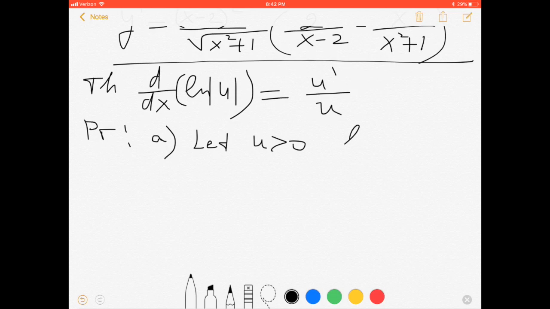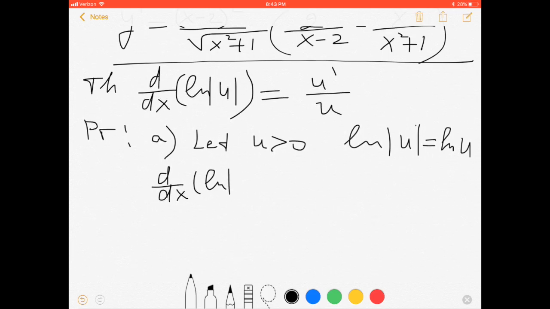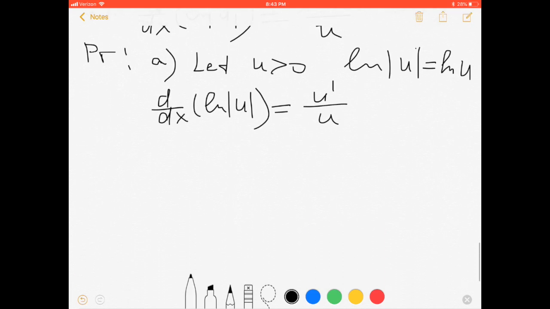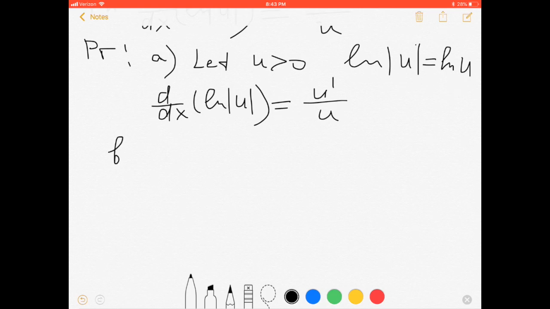Then natural log of absolute value of u is exactly natural log of u, and this means you have the derivative. This is not the absolute value anymore. This means you use the chain rule, and what we used before, it will be u prime over u.